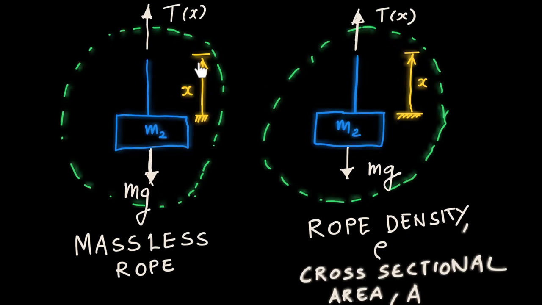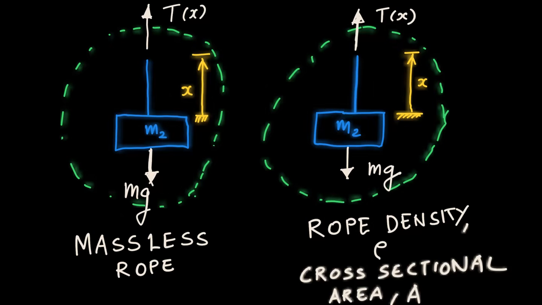That's why I have shown x over here, and I have written T of x, the tension acting at a point whose distance is little x from the mass M2. The same applies here. So I've taken the free body diagram and marked the different forces acting on the system. Let's call this case 1 and this case 2.